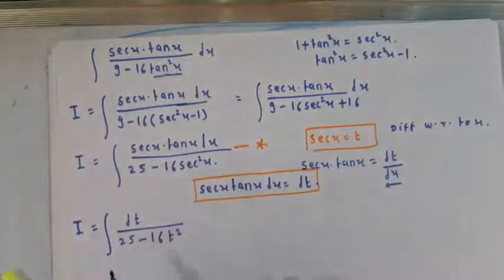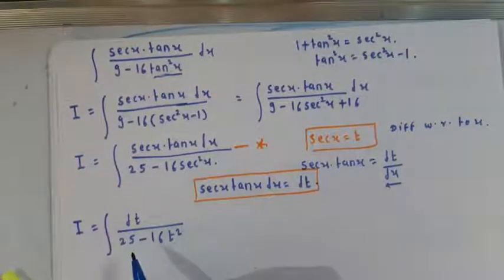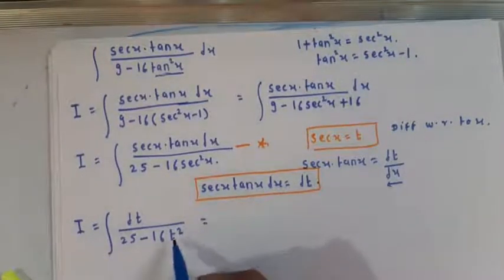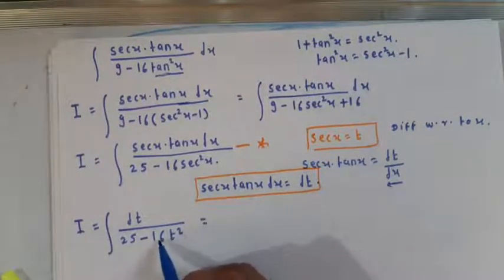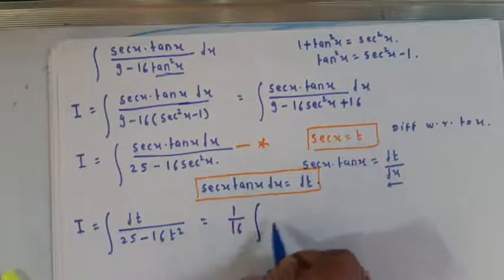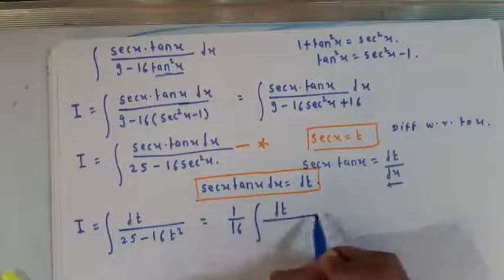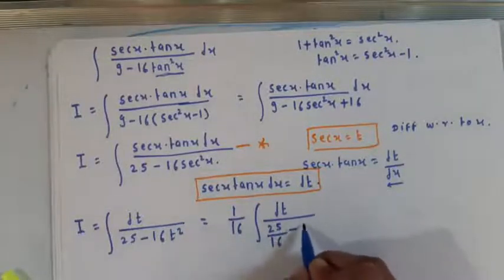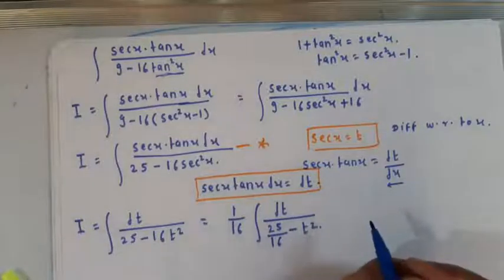Okay students, now we can divide by 16, so that we will get the coefficient of t square as 1, and therefore 1 by 16, that is dt upon 25 upon 16 minus 16 by 16 into t square.